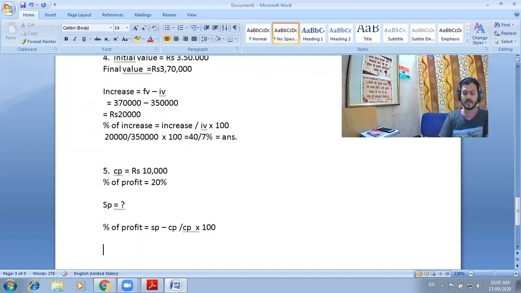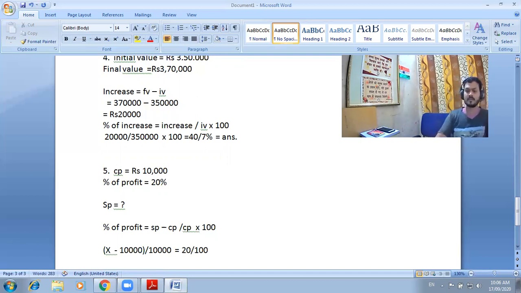So we can put in the values one by one. We can consider the value of SP as X and CP equals 10,000, and we divide by the value of CP, 10,000, equal to 20 percent, and 20 percent means 20 by 100.